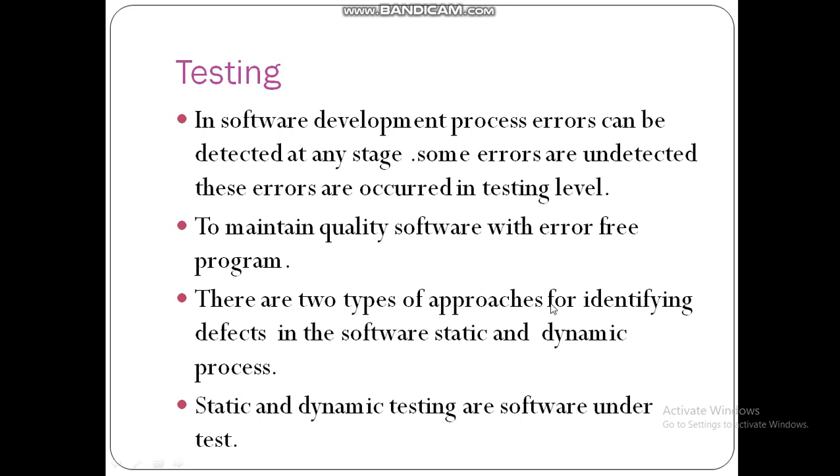There are two types of approaches for identifying the defects in the software: static and dynamic process. In the static process, the errors are detected at the time of compilation; we can detect or identify the defects or errors at compile time, and that process is called a static process.